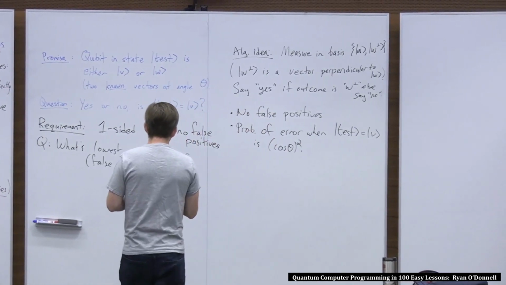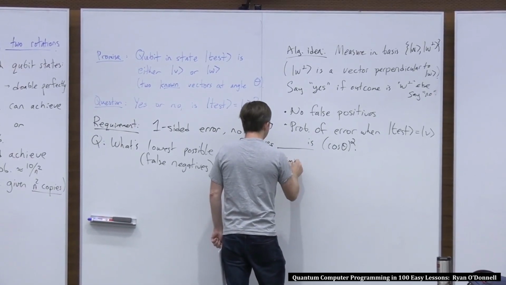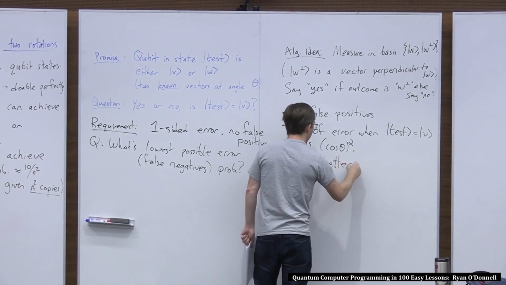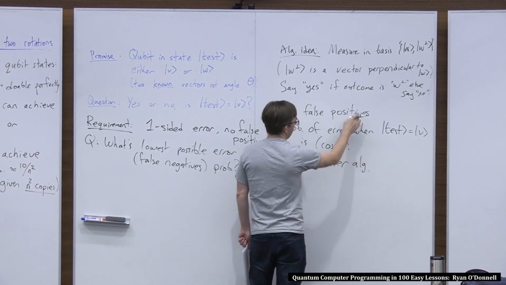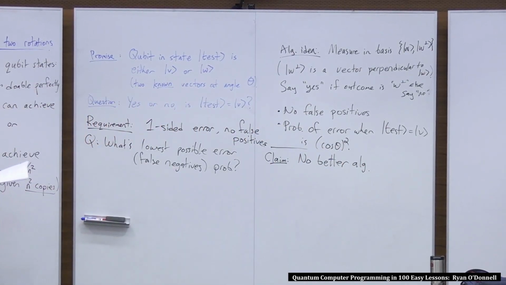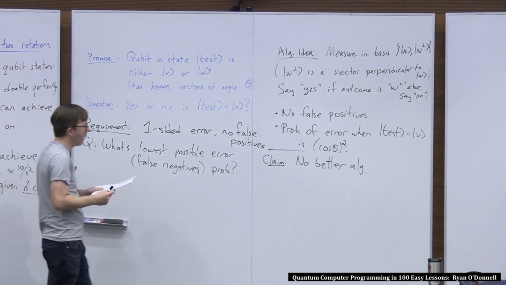And what I want to argue to you is the following claim, that there's no better algorithm, in the sense of still having no false positives, but making this probability smaller. And it's not too hard to prove. And as I said, you'll investigate it on your homework.